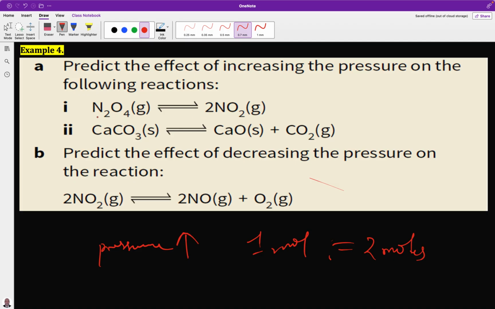In that case, the equilibrium will shift from right to left. More of N2O4 is produced when we increase the pressure.